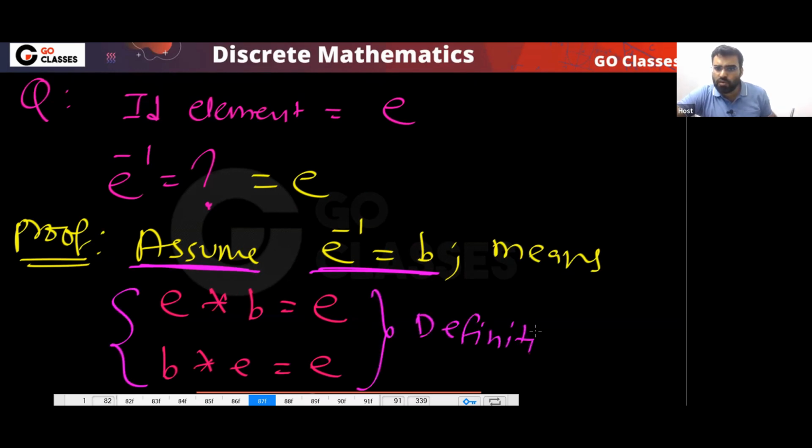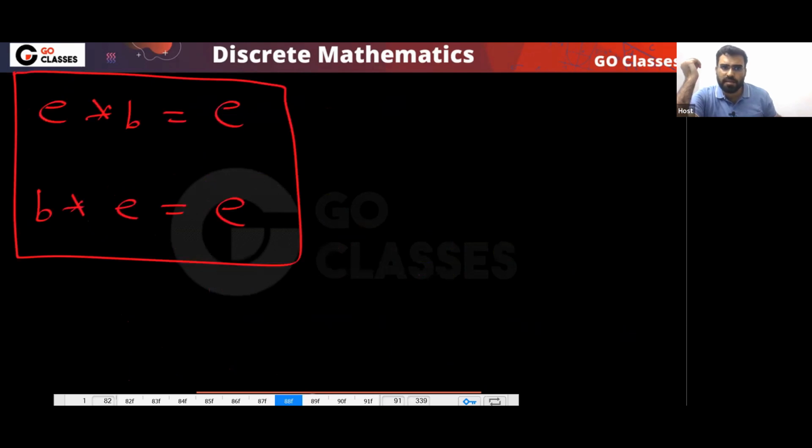This is the definition of inverse. Because you are saying E inverse is B, by the definition of inverse, E star B is equal to E and B star E is equal to E. Correct? Now tell me, but E is the identity element. Now by definition of identity element, what should happen?